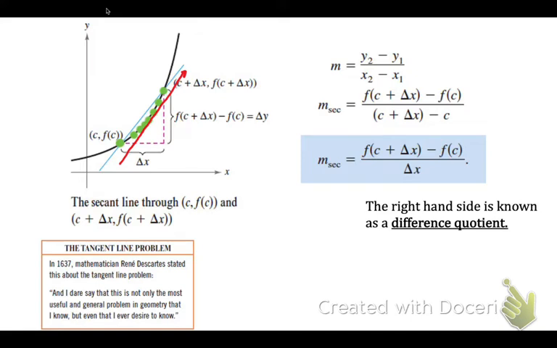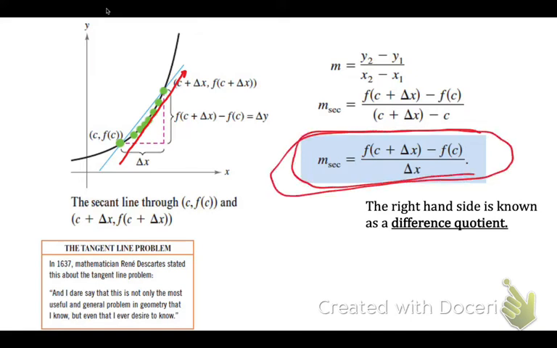We have done this already, yes? We have done the difference quotient, and you thought it was the worst thing you'd ever seen. Well, you're just going to see it more. The right-hand side is what we call the difference quotient, and that's what we introduced it to you as.